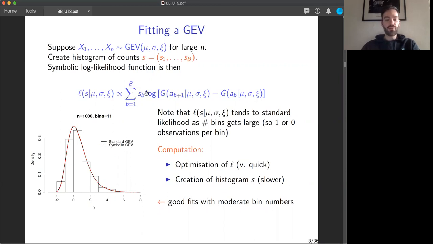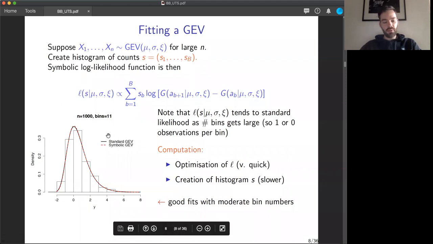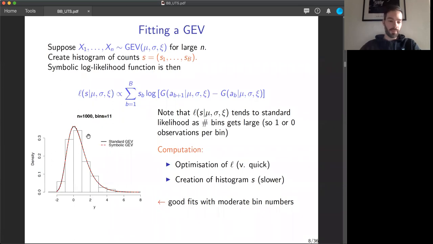I have the counts times the log of the difference of the CDF of the GEV evaluated at the upper minus the CDF at the lower value of the bins. And so when we do this, you can see the plot on the left-hand side. So I had 1,000 observations and I had 11 bins.